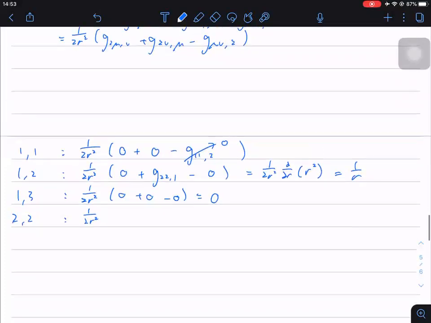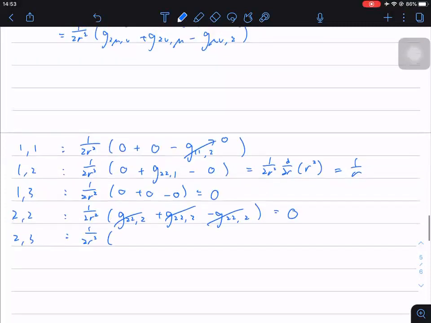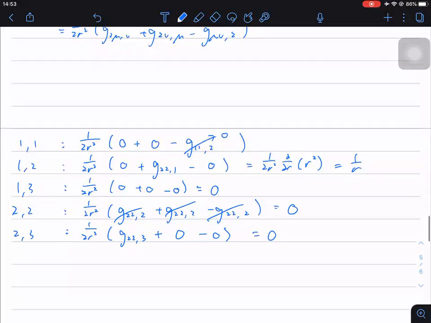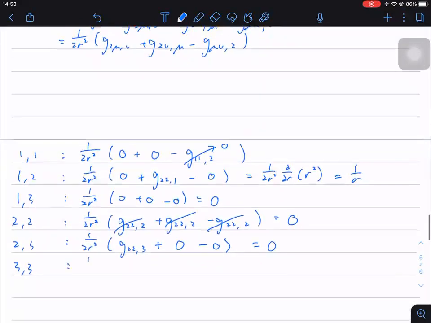G22, 2, 2, comma 2, 2, 2, partial 2, which is again all 0 because G22 does not depend on theta. And for the 2, 3 term, we have 2, 2, partial 3, 0, and 0, which is again 0 because G22 is not a function of phi.